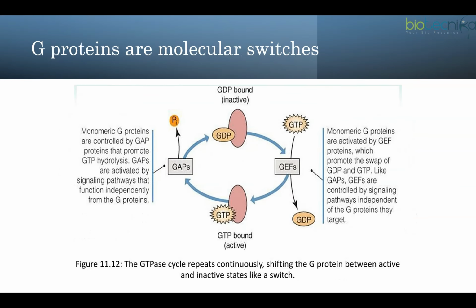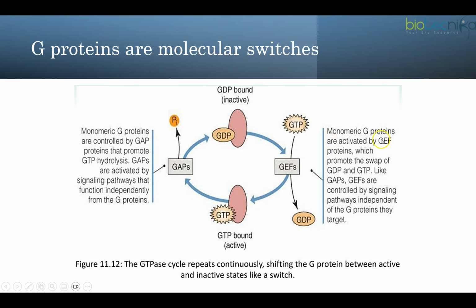That's why I said G proteins are acting as molecular switches. Whenever there is a GDP bound with it, then it will be inactive. Okay. And whenever the G protein is bound with GTP, then only it will be active.